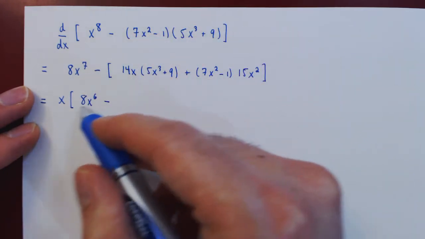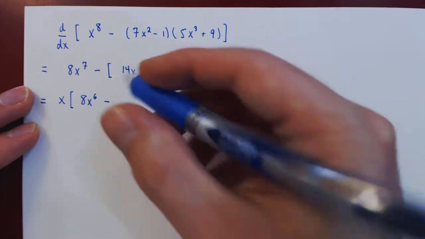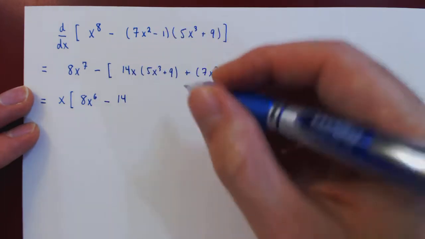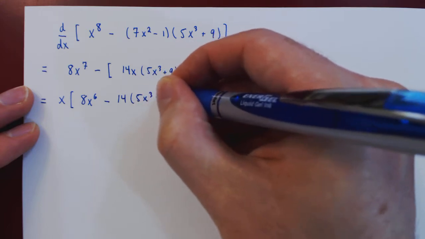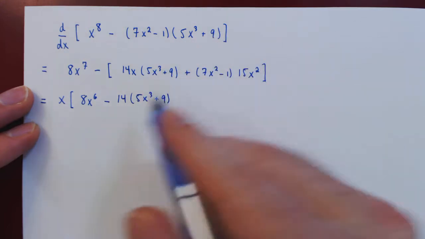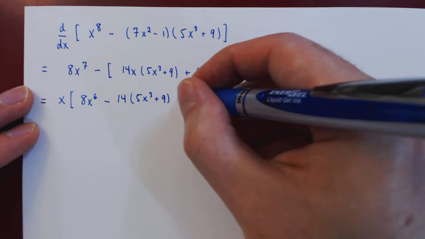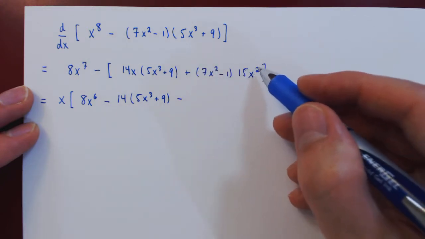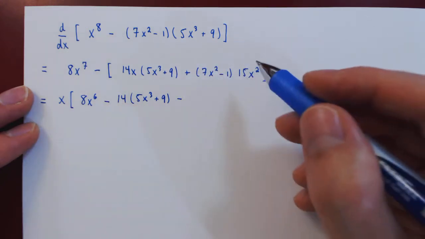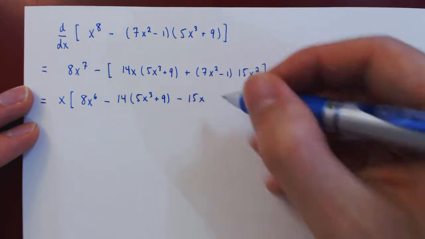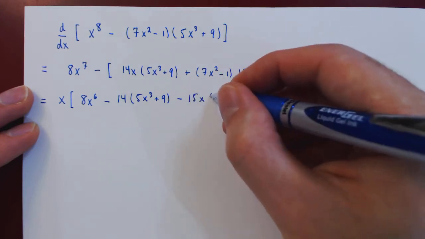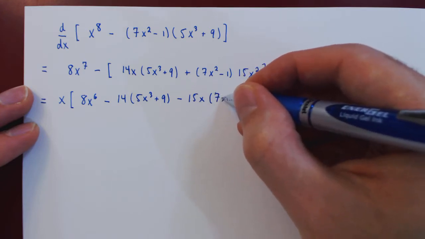We factored x outside, so we're left with 14 times the cubic polynomial. And then again minus. We took away an x from x squared, so that leaves us with a 15x times the remaining quadratic polynomial.